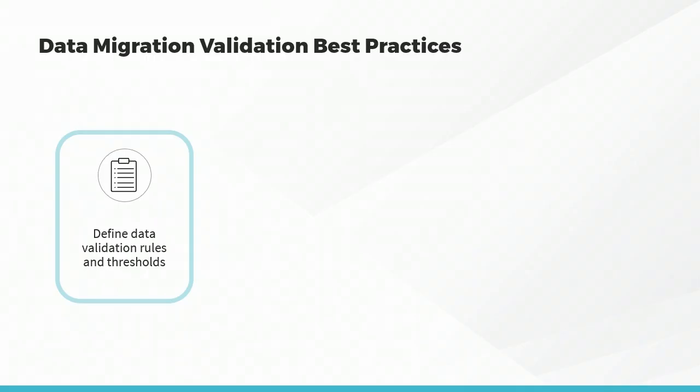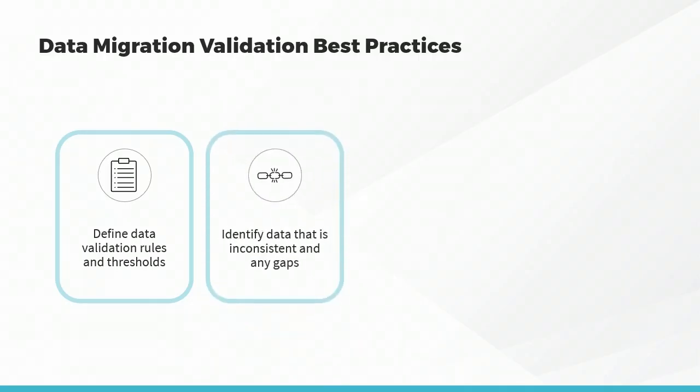So if they don't pass those checkpoints, then something is wrong. Once we set those up, they have to be tied to our business use case. It depends on the data that we have to validate, but we need to agree to them before we actually start any migration. And then we have to identify data that is inconsistent and that has any gaps.